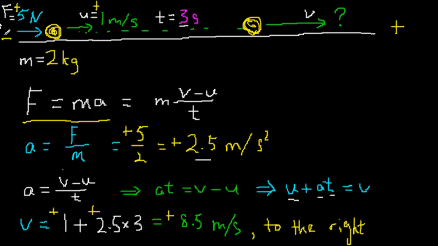Suppose that instead of what I've just done, I choose the left hand side to be plus and the right hand side to be minus. If I do that and run through everything, instead of a plus for the acceleration, I end up with a minus. And instead of a plus for my final answer v, I'll end up with a minus 8.5.